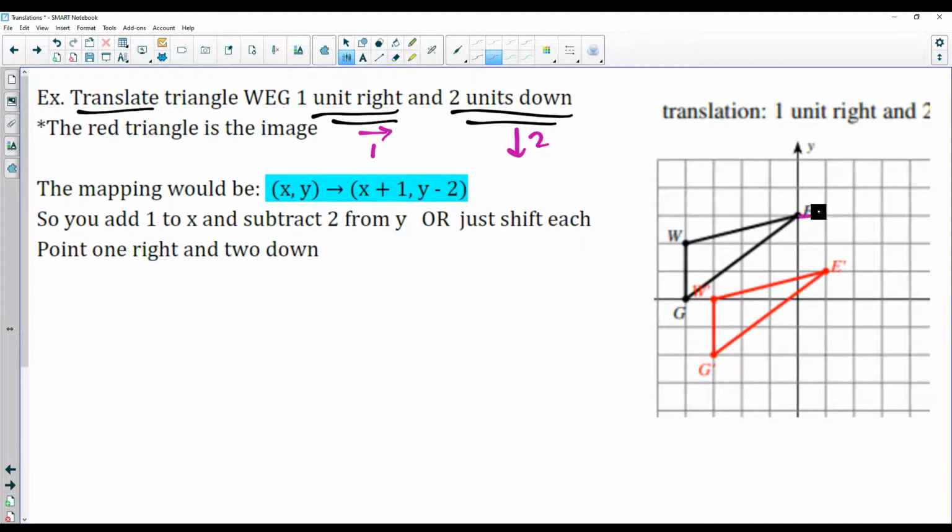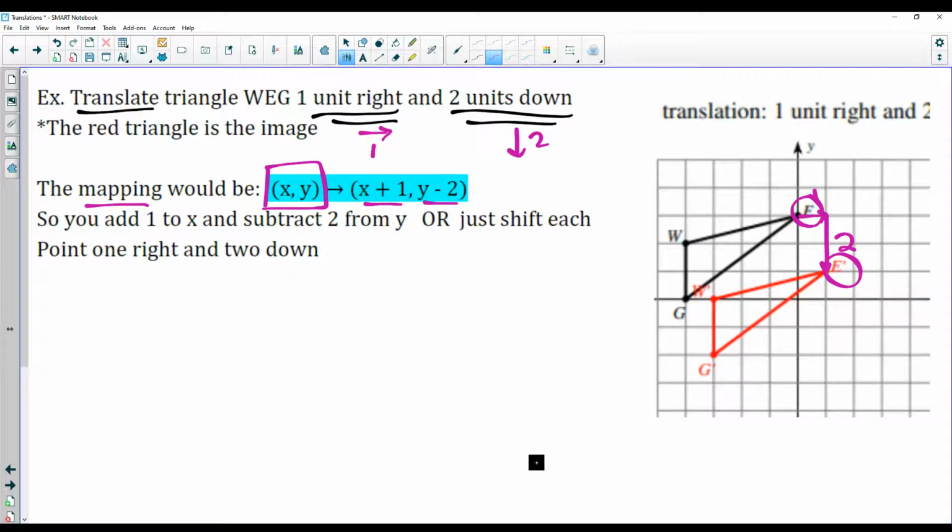If I look at E, I went 1 unit to the right and 2 units down, and I know that E is the original and E prime is the new point, new position. Okay, so the mapping would say take every (x, y) value and add 1 in the x direction, subtract 2 in the y direction. So pretty basic there, okay? That's what that looks like there.